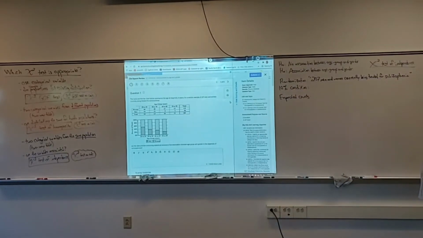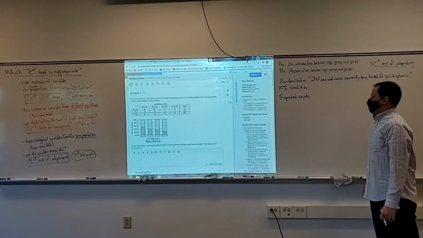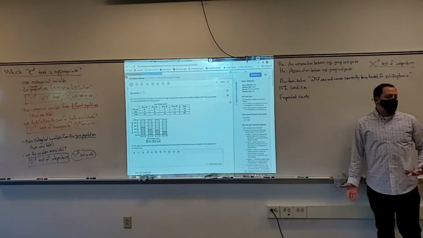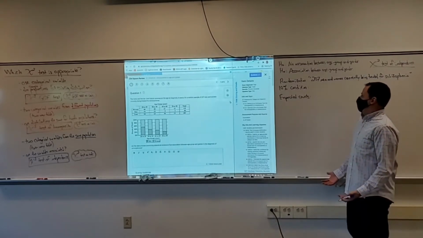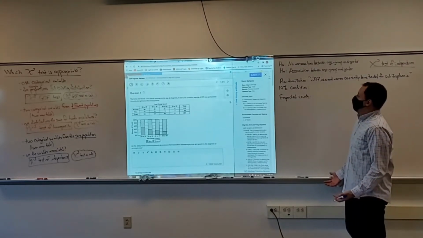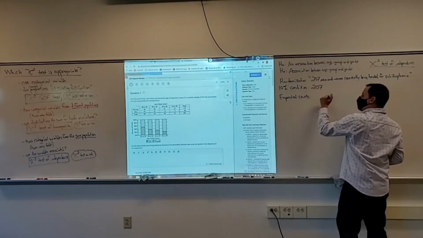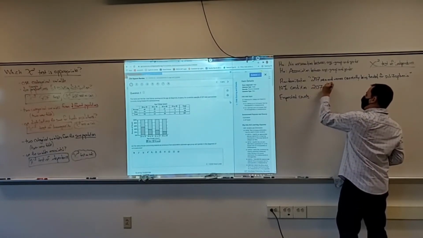Do we meet the 10% condition here? We don't know for sure, but how could we say it if it is met? 207 people, or less than 10% of people with schizophrenia.